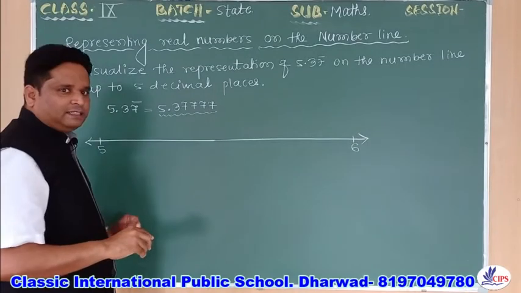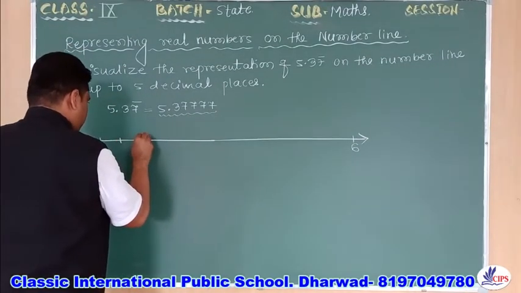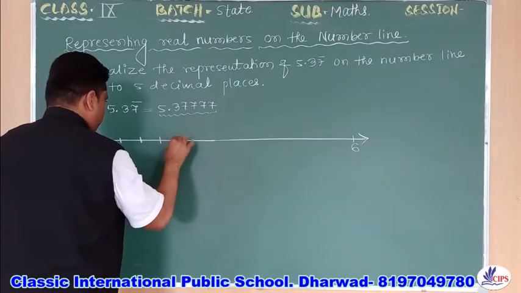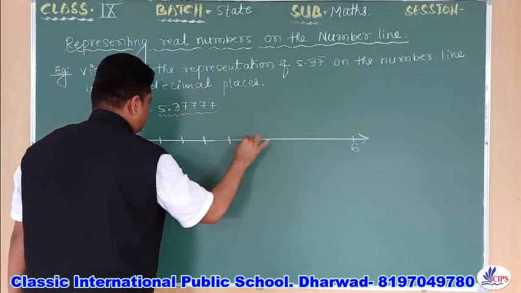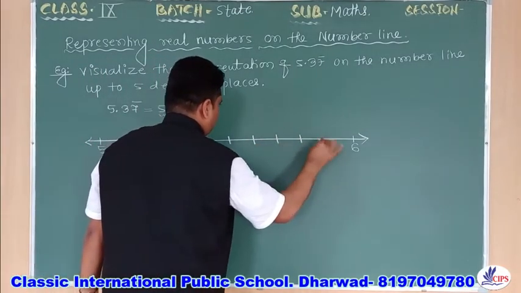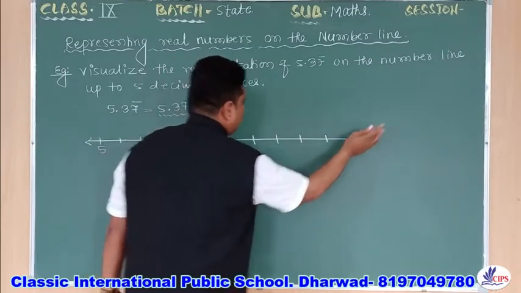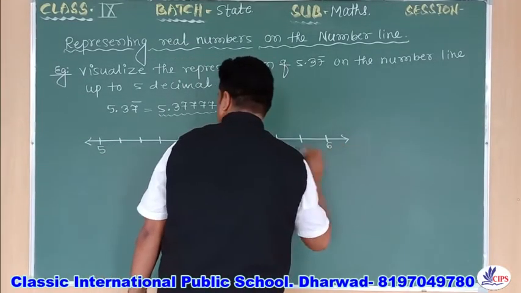Between 5 and 6 I will make 10 parts. 1, 2, 3, 4, 5, 6, 7, 8, 9, 10.